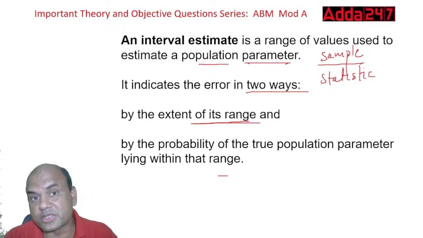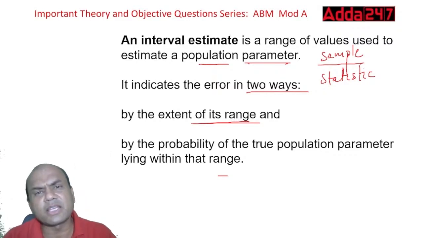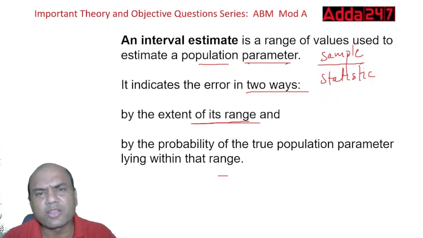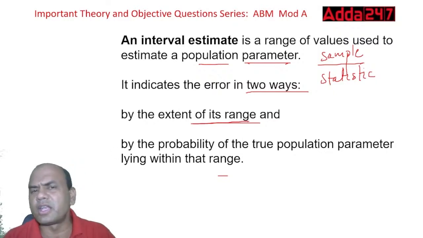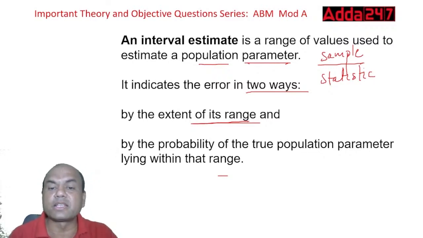Can you give me the exact score, that India will score 197? You can't. You will give me a range, that India will score around 170 to 200. So this is the extent of its range.